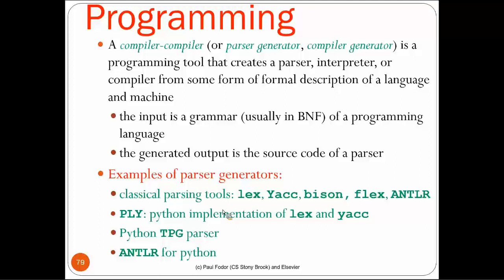But the goal of our class is not to learn how LL and LR grammars are implemented that much. We need to know at least an idea, but mostly to use a compiler or tools like parser generators to create parsers, interpreters, and compilers for some form of formal description of programming languages.